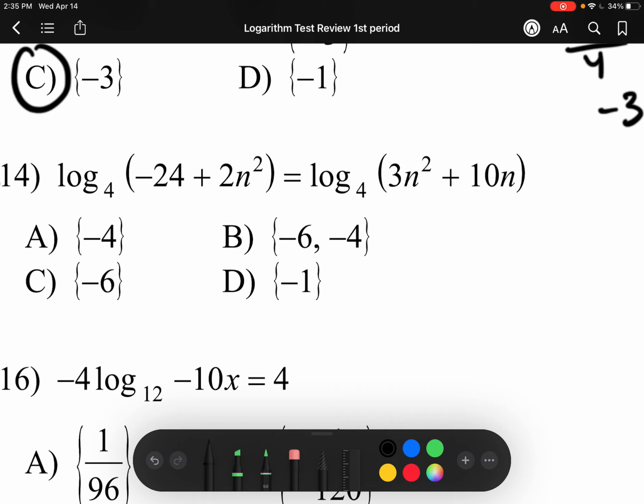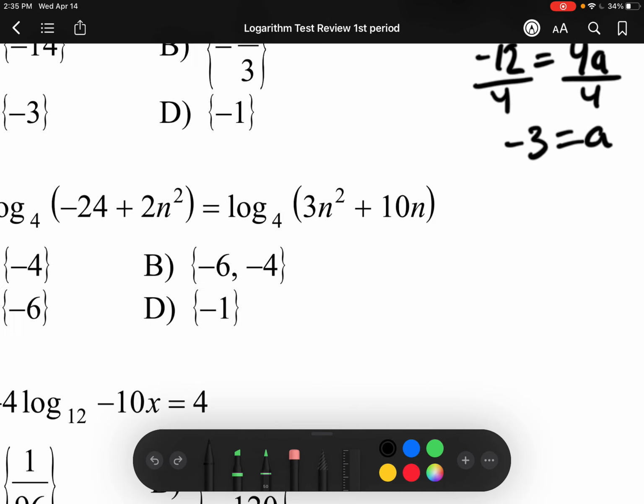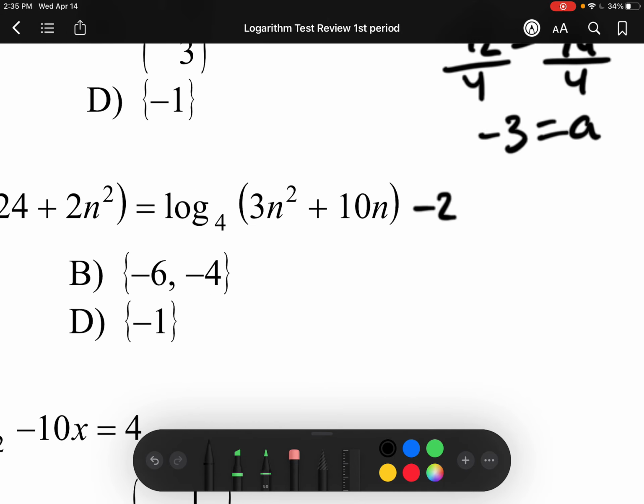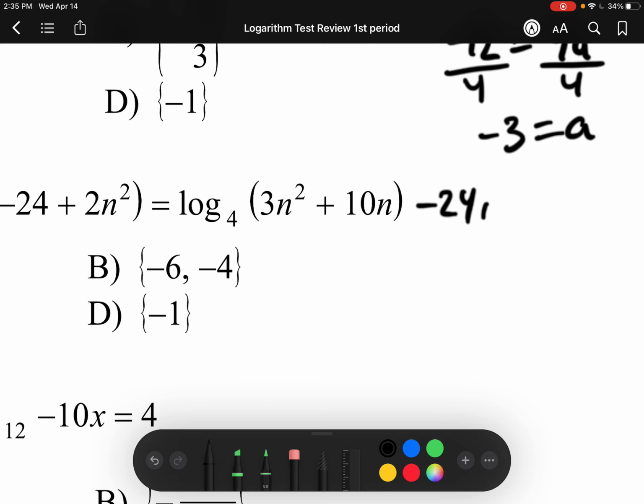All right, number 14 is our last example of log equals log. So we're going to set these terms equal to each other. So we have negative 24 plus 2n squared is equal to 3n squared plus 10n. Let me write it smaller.